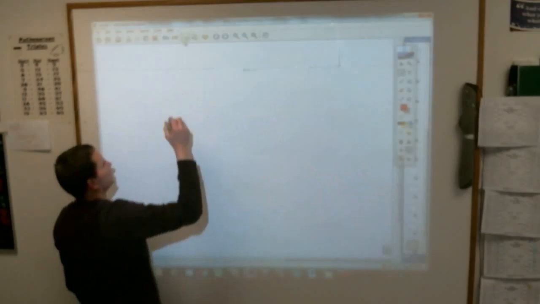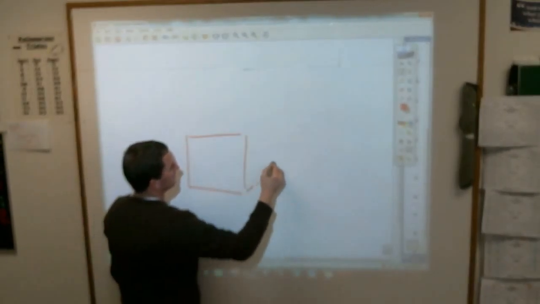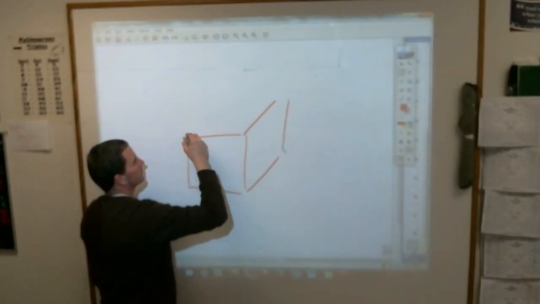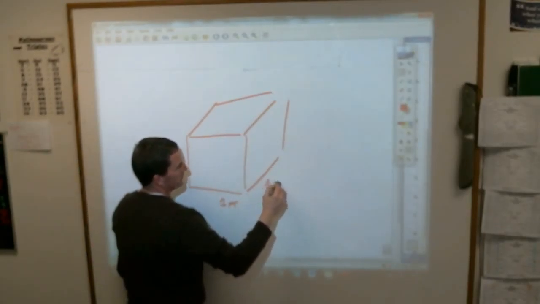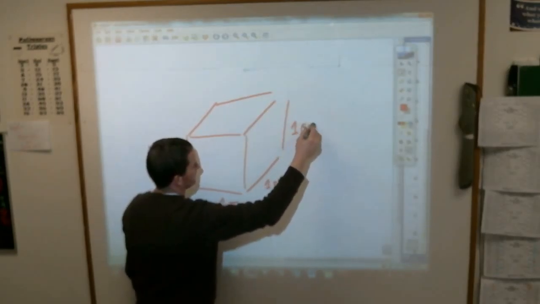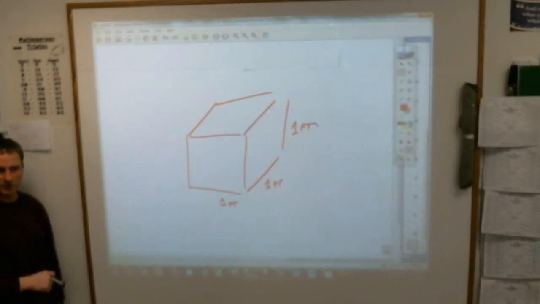I am starting with a cubic foot, right? I'm starting with something that is 1 foot by 1 foot by 1 foot. And in order to figure out this problem, you'd have to know how many inches are in a foot, which is 12.